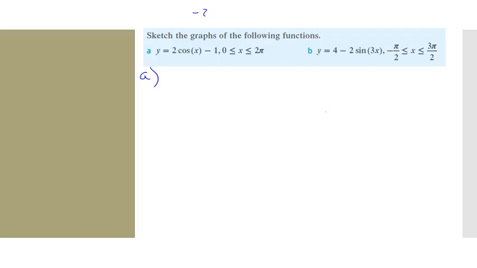You're going to then work out negative 2, and then you're going to shift each one down by 1. Then the other one, what I put in? Good. So what do we get as our range? And 1.